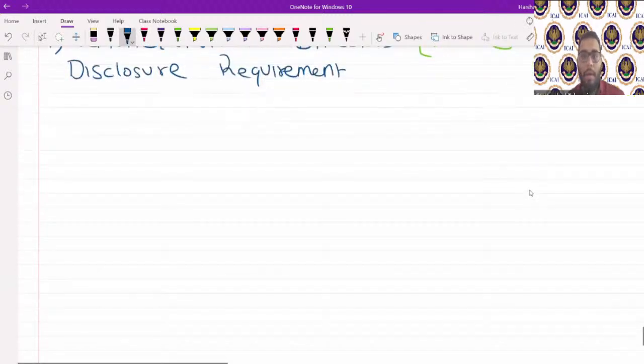What I'm required to disclose with respect to the director's remuneration. First of all, all relationship or transactions of non-executive director with company.